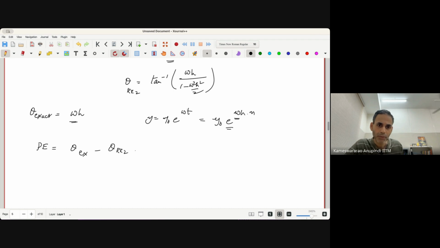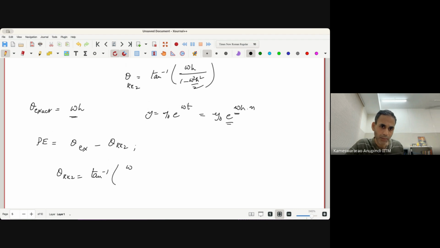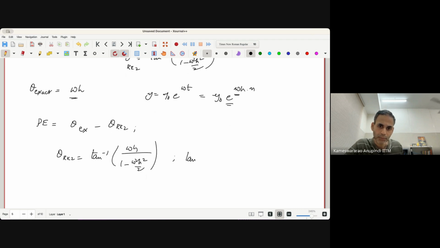Okay, but before I can use this, I need to make this theta RK2 a little bit better. So theta RK2 equals tan inverse of omega h by 1 minus omega squared h squared by 2. But we know that tan inverse x equals x minus x cubed by 3 plus x to the power 5 by 5 and so on.